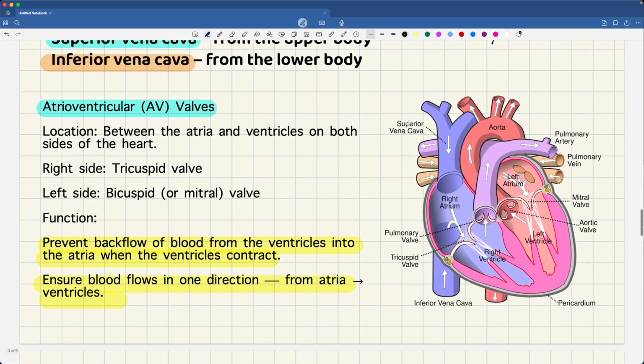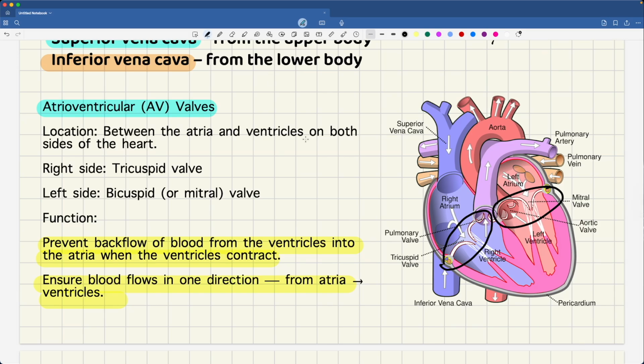Okay, now we'll look at some of the interesting structures, I might say, which are these valves. As you can see, they have special names.